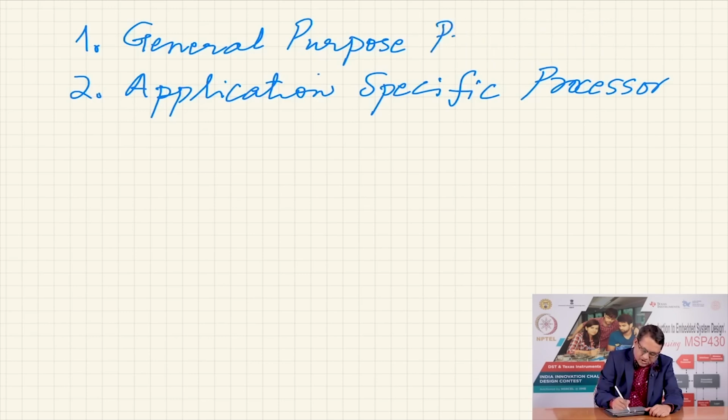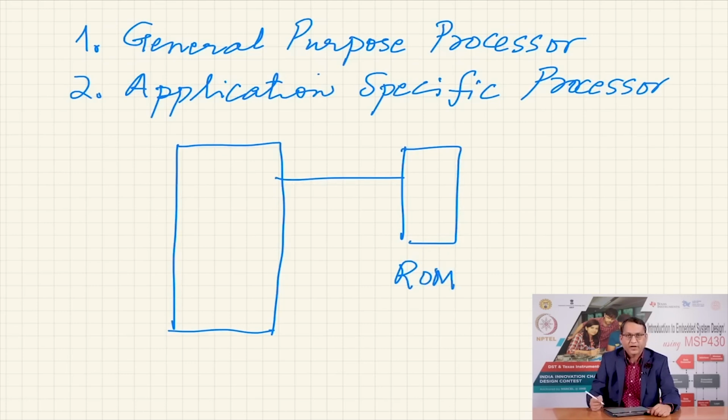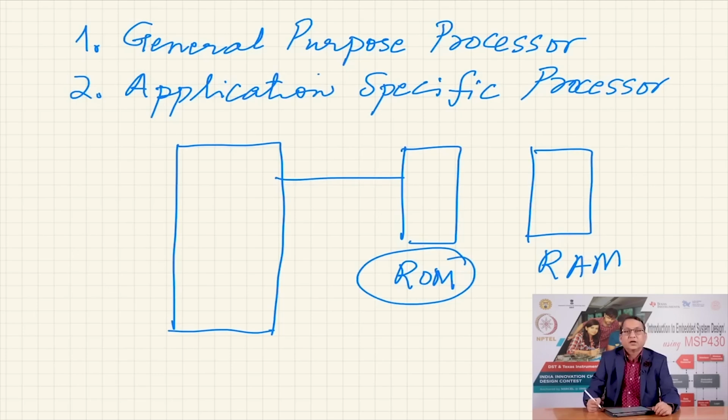Now, in the case of the general purpose processor, you would have the microprocessor here, and you would connect it to a ROM of appropriate variety, maybe an E square PROM, and you would have RAM. Now this ROM device contains your program, which is the intellectual property of your product.